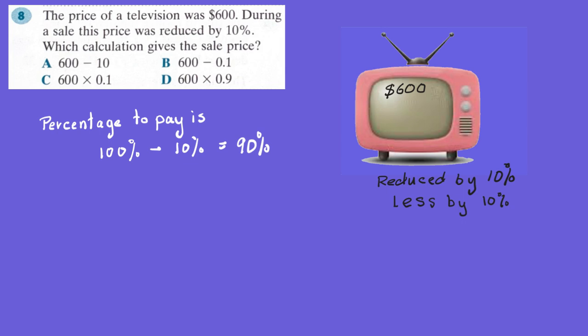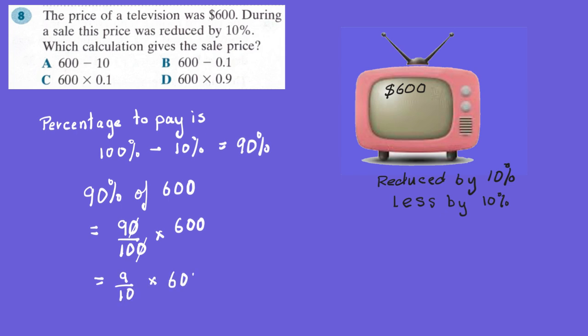And if you look at it this way, then 90% of 600 is the same thing as saying 90 over 100 times 600, which is the same thing as 9 over 10 times 600, which is the same thing as 0.9 times 600.